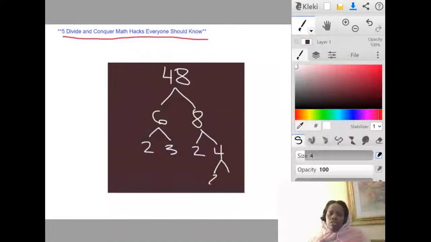Not that you really have to break it down this far, but just know 6 and 8. Then 48 equals 6 times 8. The 6 is the divisor, and the 8 is the quotient. Notice how this is the branch that is not being divided by. The factors that are not part of the divisor must belong to the quotient. So 2, 2, and 2 are the quotient, which is 8.